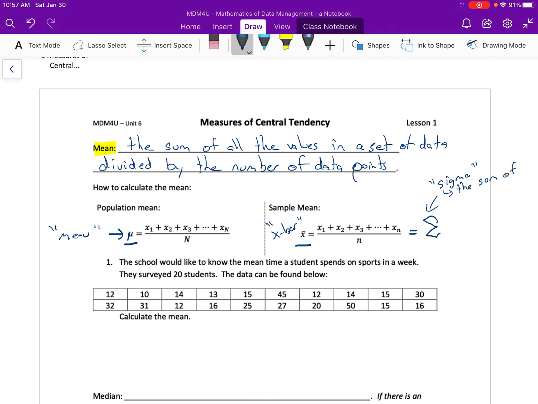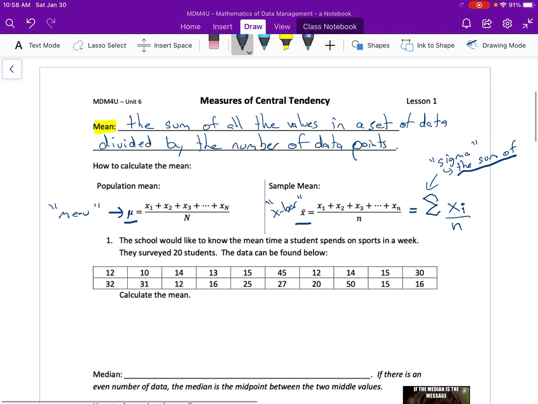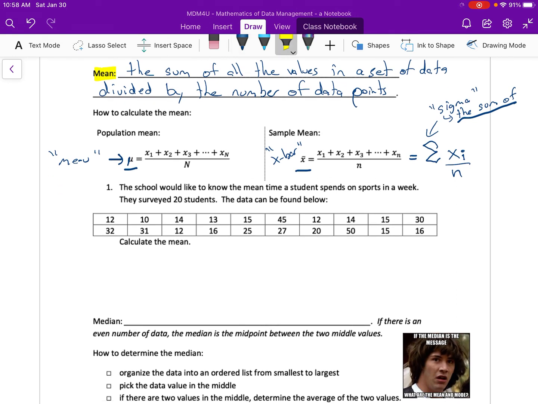I'm a bit surprised it's not included in grade 11 functions to use this when you're summing up arithmetic or geometric sequences, but they don't anymore. But basically this is a lazy way of writing out the sum of all of my x values divided by n. So it allows you to more succinctly write what you'd like when you're adding things together. And I think if you use the sum formula on Excel, you'll see that sigma pop up. Anyway, little extra information.